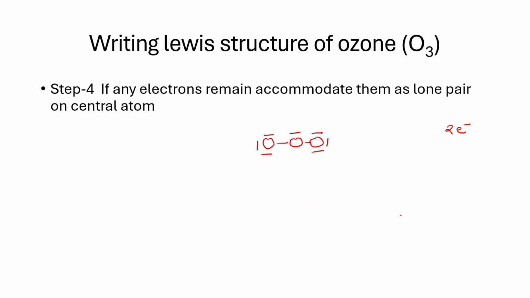So we go ahead and put that as a lone pair on the central atom. But still this Lewis structure is incomplete because as we can see clearly, the central oxygen over here does not really have a complete octet. If we count the total number of electrons here, that comes out to be 6. So what do we do then?